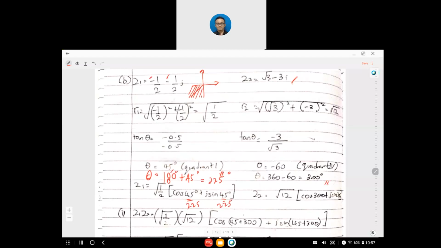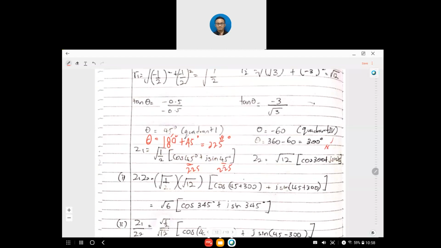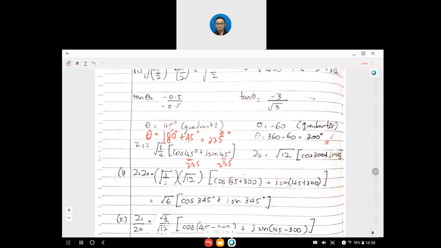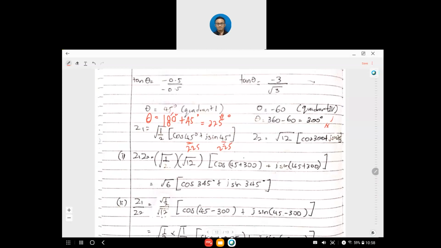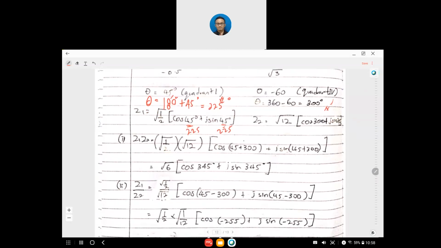Okay. So this one has no problem. This is correct because it is quadrant 4, so 360 minus 60, you get 300. So question A, you want to find Z1 times Z2. Supposedly this one is not 45, this one is 225 degrees plus 300.